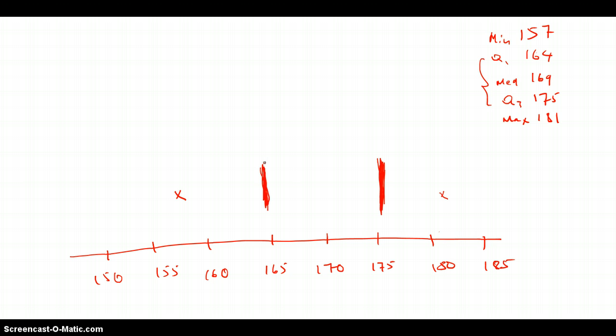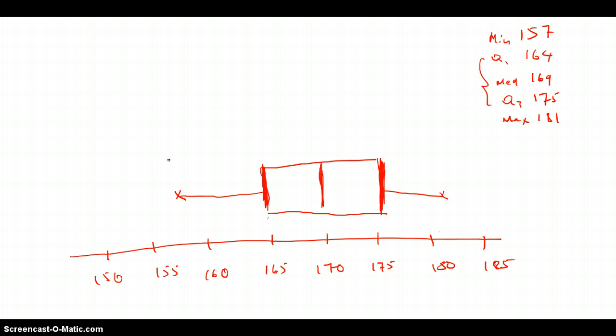Okay, and my median will be at 169, so it'll be roughly here. Okay, now you can see this can almost be turned into a box. We just need to join these lines, and from here extend and join these lines.